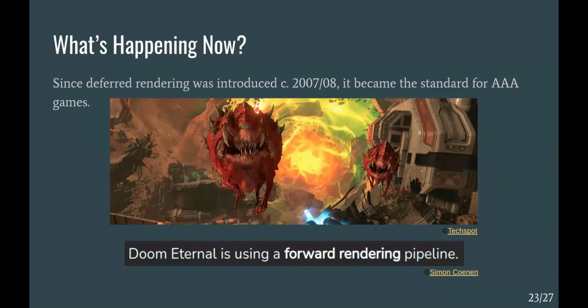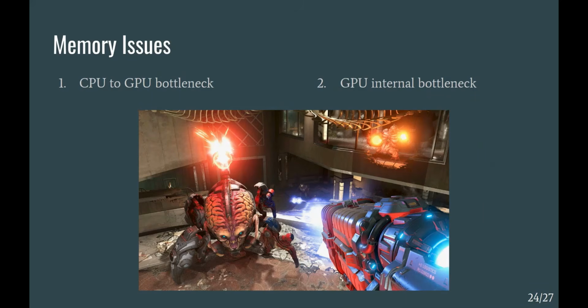because deferred rendering needs to move around that G buffer. Now, what do I mean specifically when I say memory bottleneck? I mean two things. There's the CPU to GPU bottleneck and the GPU internal bottleneck. When sending data from CPU memory to GPU memory, we send it over the PCIe bus. And this data is typically mesh and texture data.